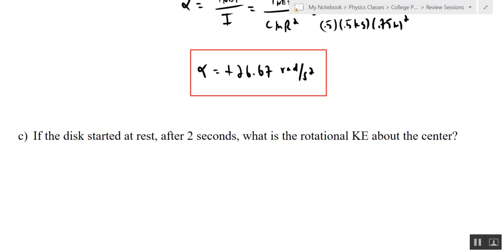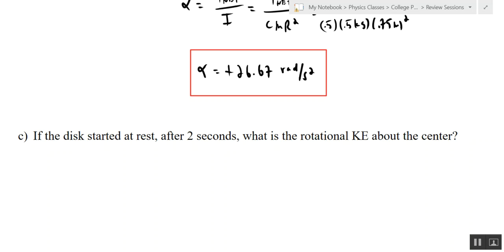Actually, it might not be that. Anyone have an answer first? No one has an answer? Anyone know how to do it? I got the equation. What's the equation?